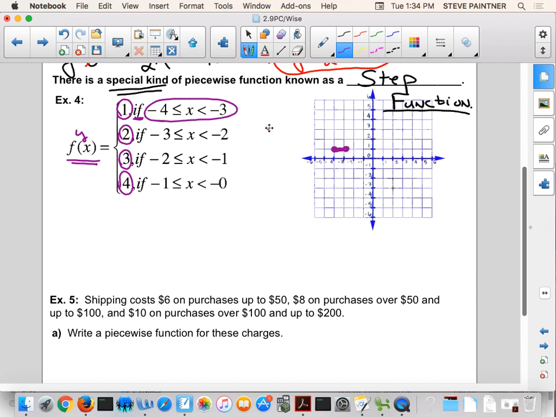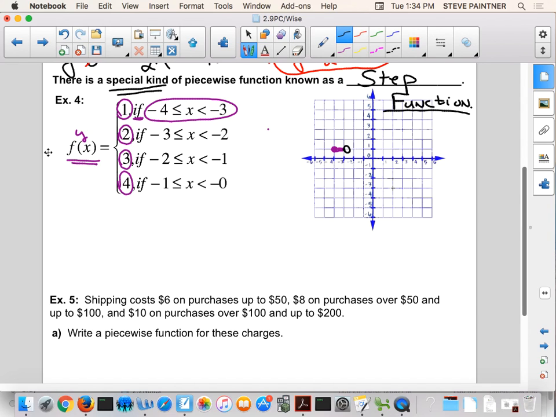Now, here's the deal. There is something wrong up there. I did something wrong. What is it? Aaron? The end of that one has to be open. Which end? The right side. He says the right side has to be open. Is he right? Yes.